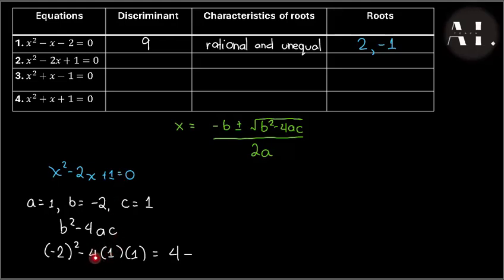Next, the product of 4, and both ones here will give us 4. So the discriminant is equal to 0. The roots will be rational and equal.